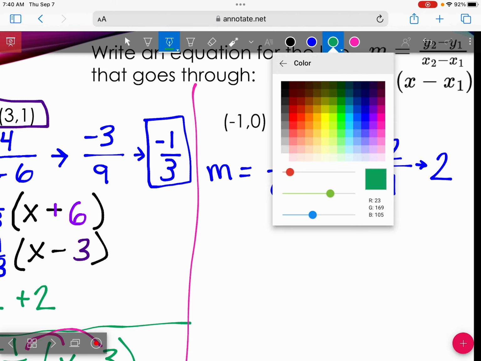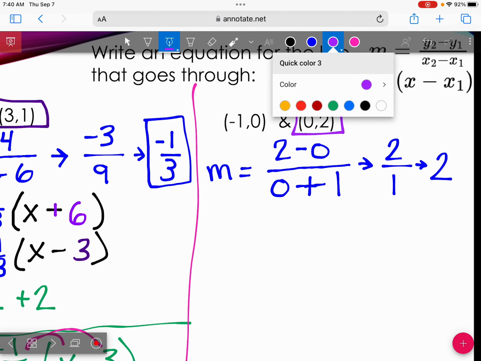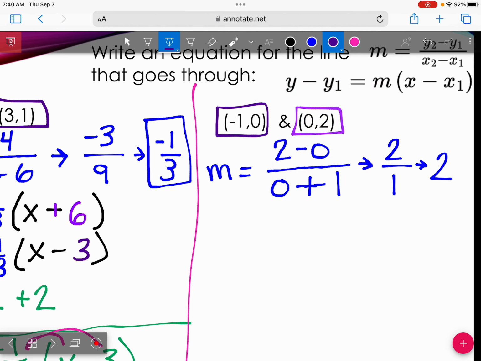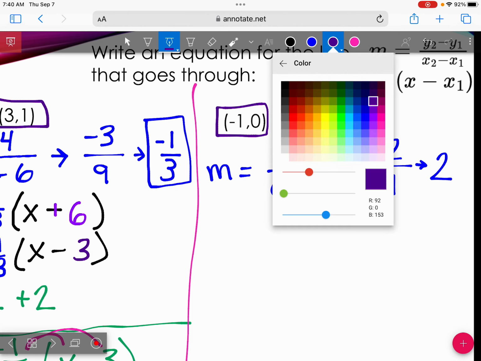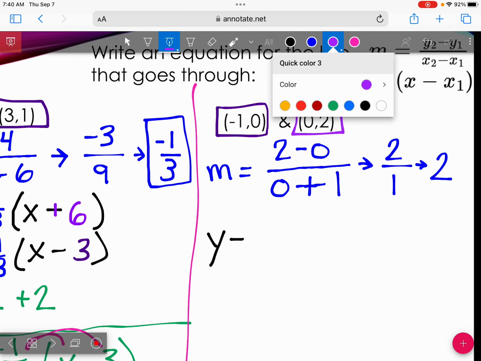So then we're going to assemble our point-slope form. I'll do this one in the light purple, and I'll do this one in a dark purple, because they're the same thing, just different flavors. So we're going to do our y minus the y value from our point. Which one do you want to do? Pick a y value. 0.